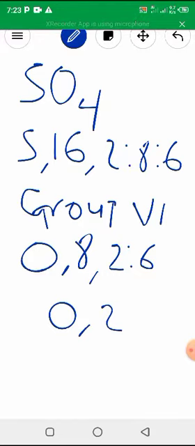Now we have 4 oxygen atoms combined together. This will make 2 times how many oxygen atoms? For this case, they are 4. Therefore, it is 2 times 4, which is 8.